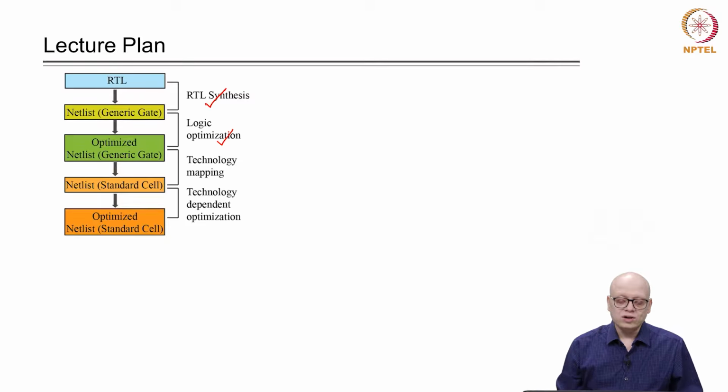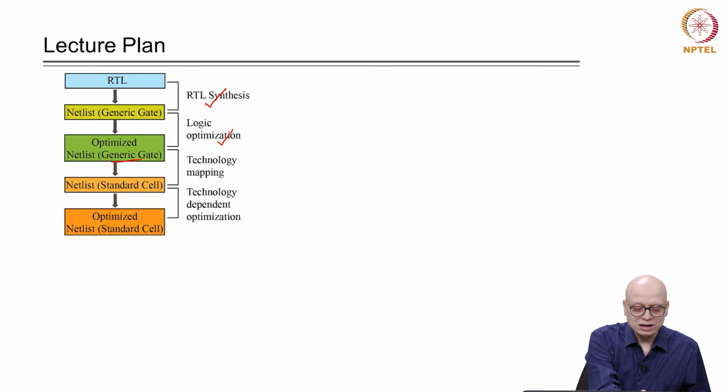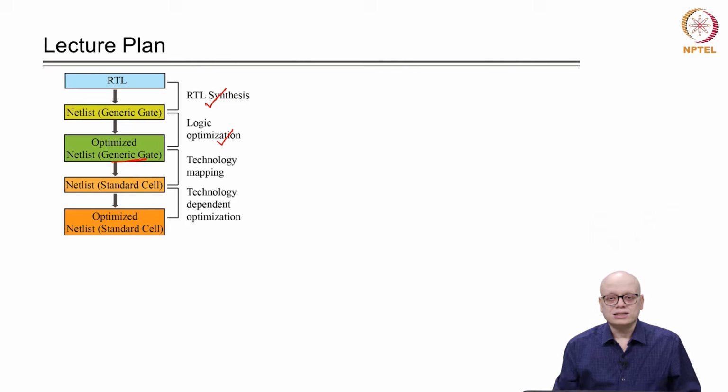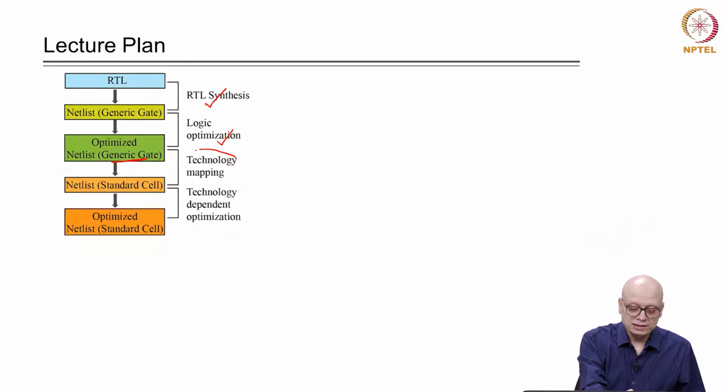So, at the end of logic optimization, we get a netlist which is in terms of generic logic gates, and it is optimized. Now, after we have got a netlist which is optimized and in terms of generic logic gates, we need to carry out a task which is known as technology mapping.